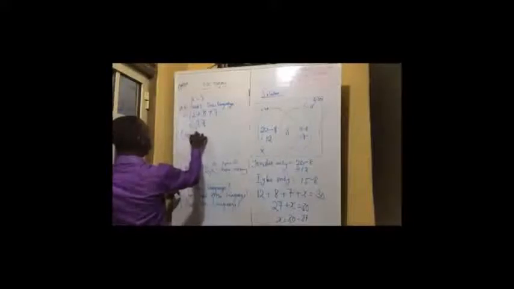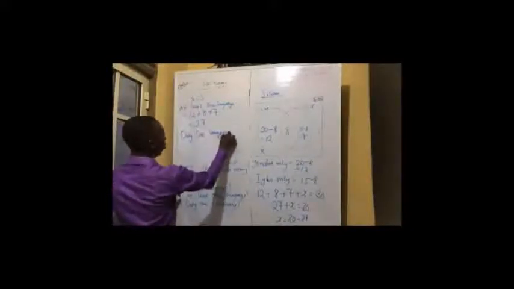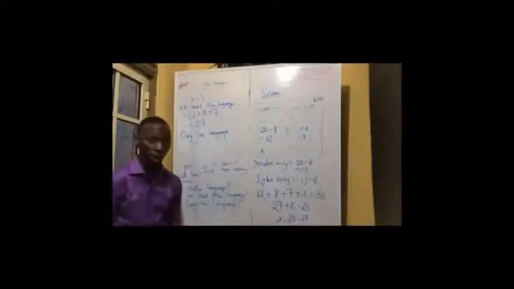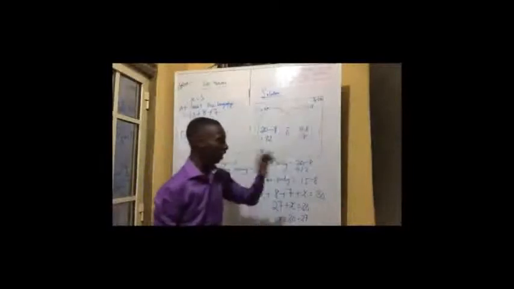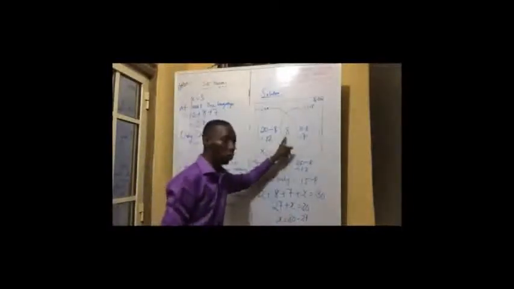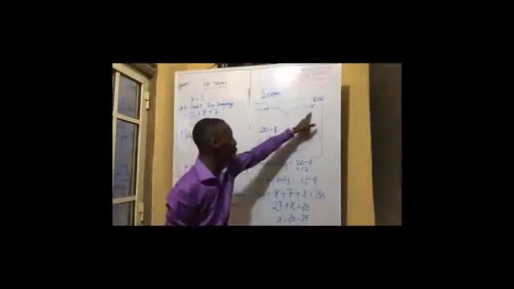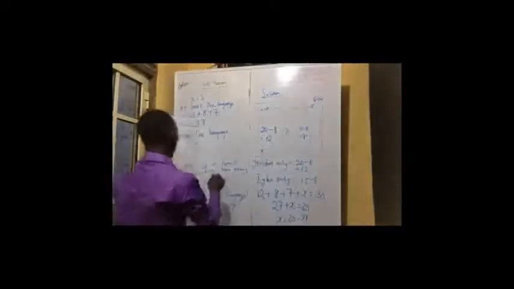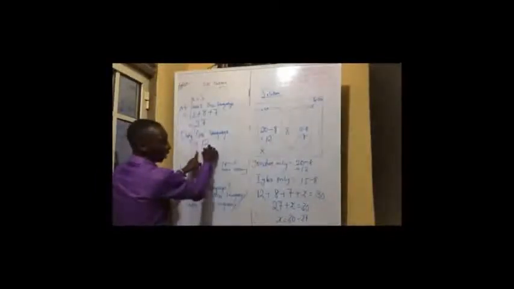The next one is only one language. Those that speak only one language. Yoruba only is one language. Igbo only is one language. This one is not one language, this is two languages. They speak both Yoruba and Igbo. So this one is not included. We are going to have Yoruba only, 12, isn't it?